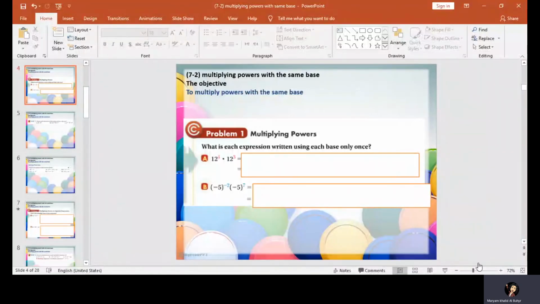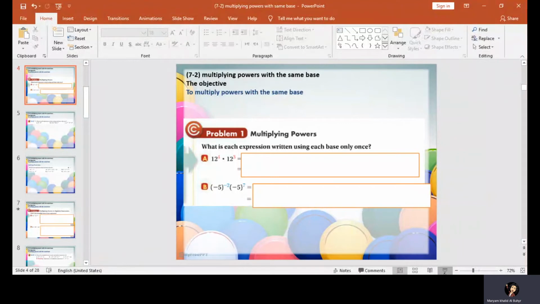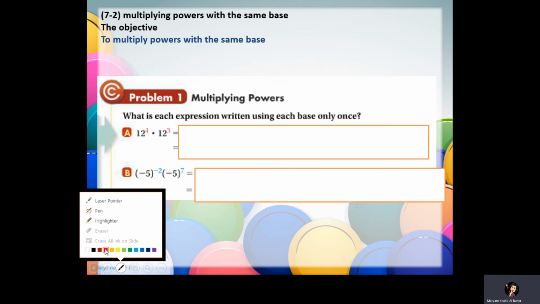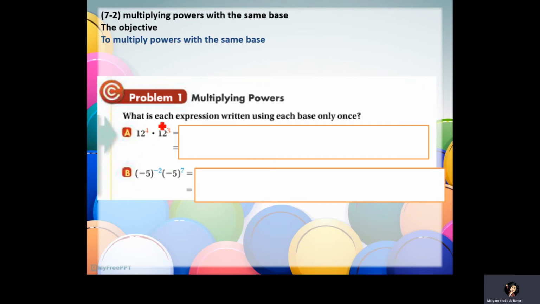So let's continue our work. If we have, for example, 12 to the power 4 times 12 to the power 3, I need to write each expression using the base only once. Since these are the same base, I'm going to add the powers.